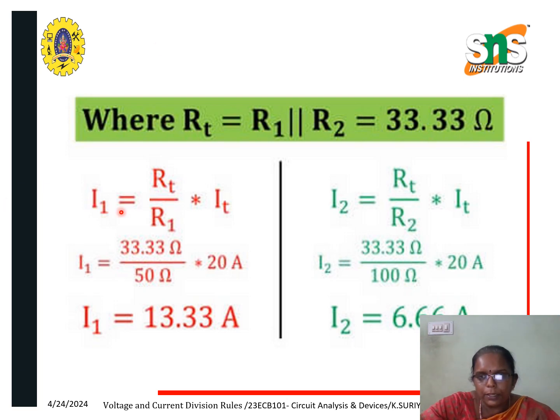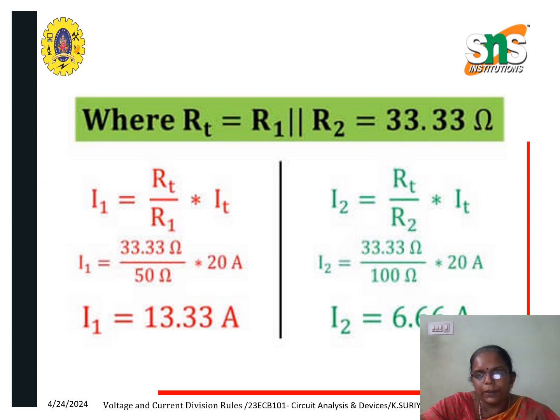So I1 is equal to equivalent resistance RT into total current divided by the corresponding resistance R1. Here it is 33.33 divided by 50, into 20, which gives 13.33 amps. Again, for I2, the equivalent resistance 33.33 divided by the corresponding resistance 100 ohms, into total current 20, gives I2 equal to 6.66 amps.